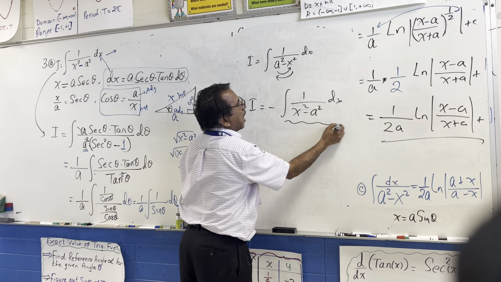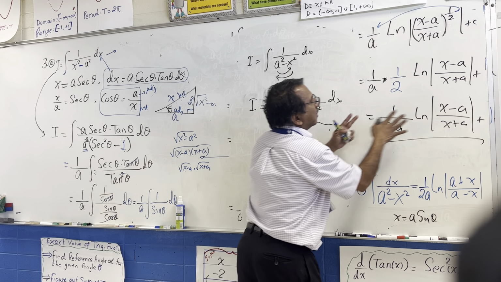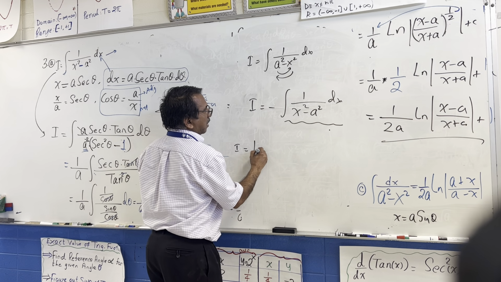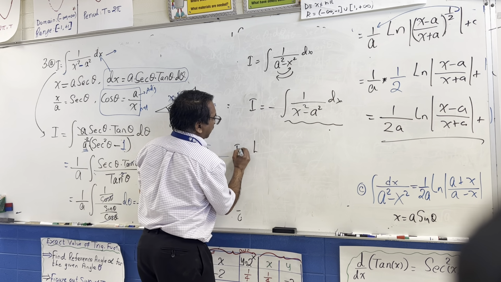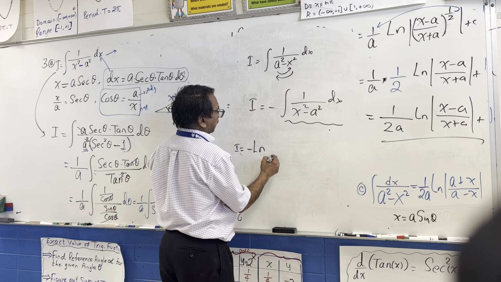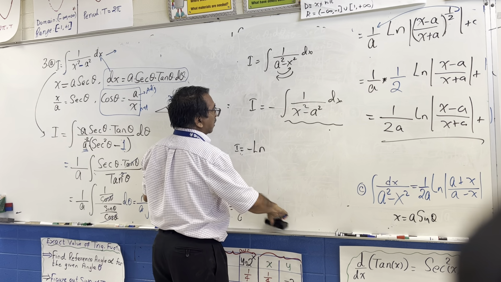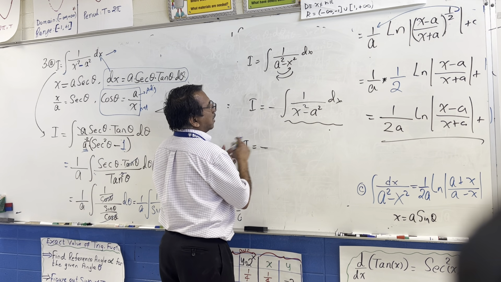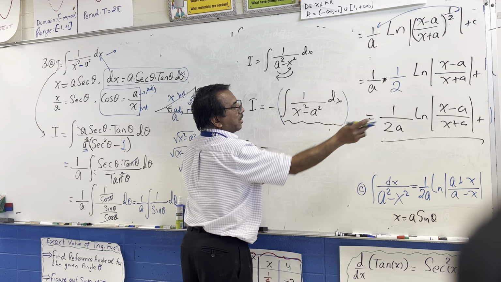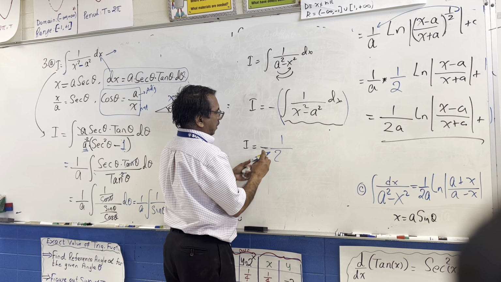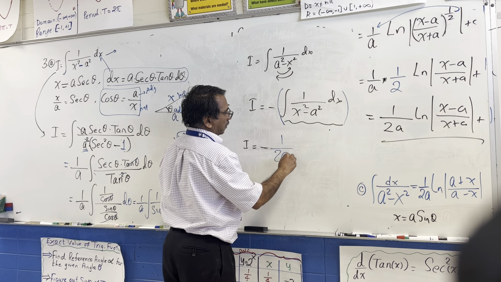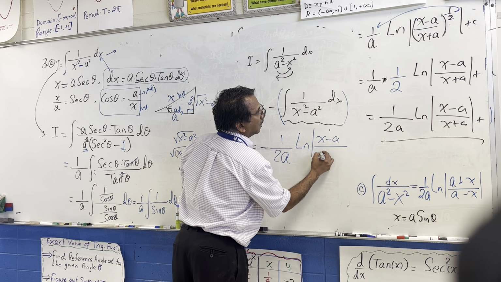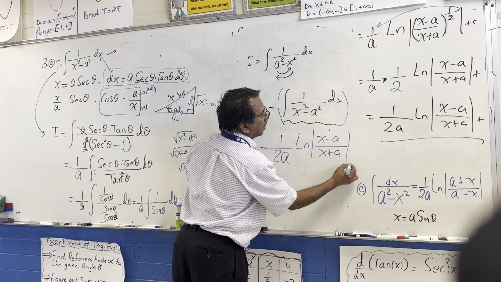Then you prove this part, and the answer is right here. So I equals minus, and this part we already know from here, which is 1 over 2a ln of (x minus a) over (x plus a) plus c.